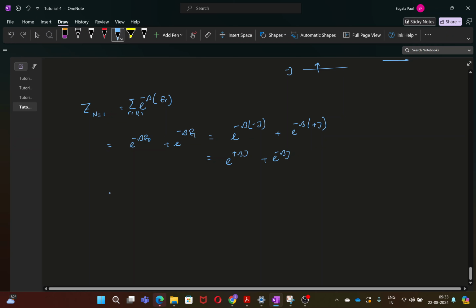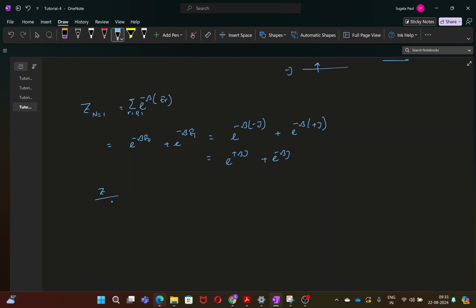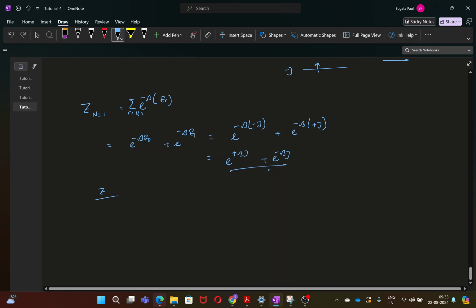But sometimes the partition function is also taken with an averaging factor of the count written in the denominator, right? So your partition function for N equal to 1 will be this partition function divided by the number of combinations possible, which is basically the sum over NCr. If small n equals capital N, the total number of spins, for r you have to put 0 and 1.